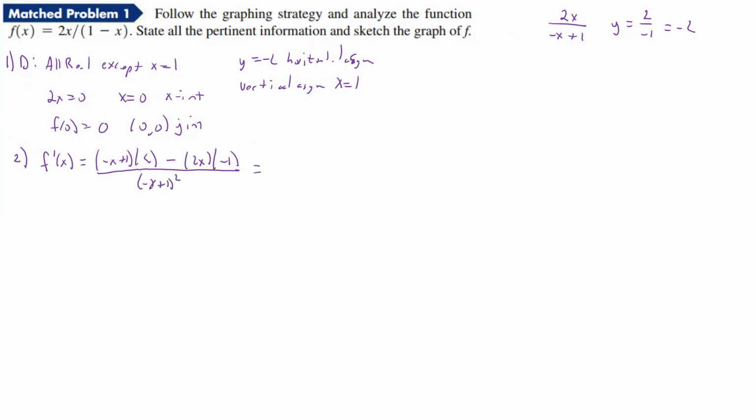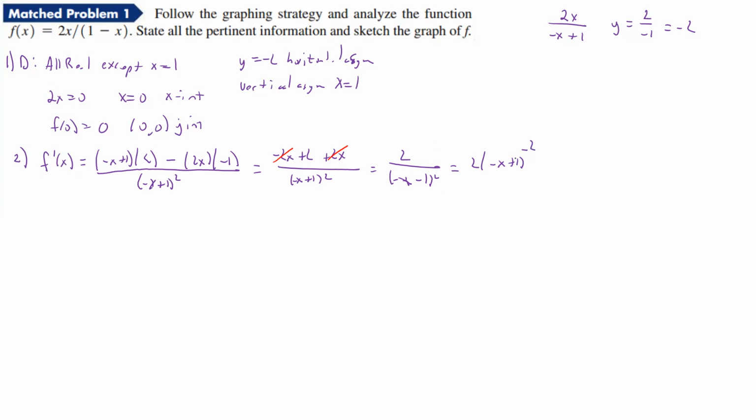If we simplify this, that gives us minus 2x plus 2, and then plus 2x, all over minus x plus 1 squared. That 2x cancels that 2x. And so then we get a 2 over minus x plus 1 squared. We could also write that as 2 times minus x plus 1 to the negative 2. That would be another way to write it.